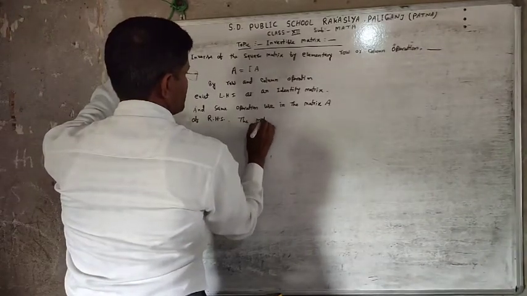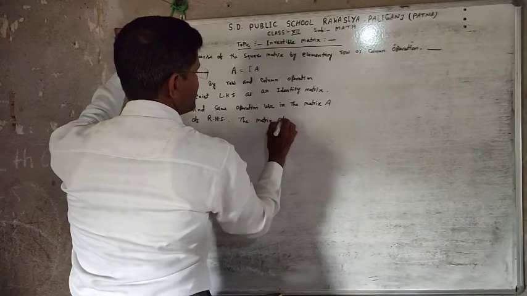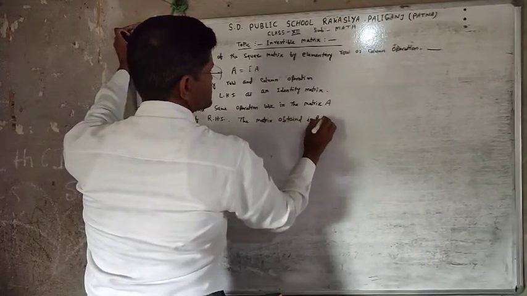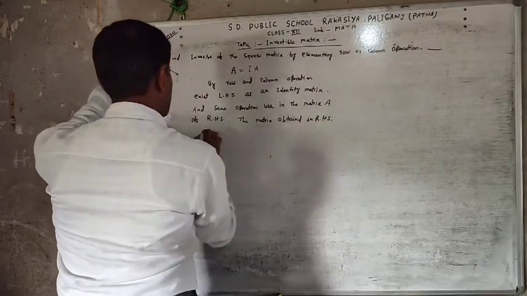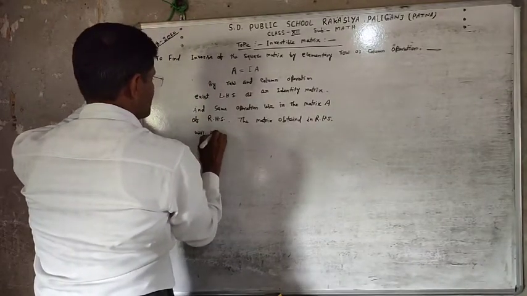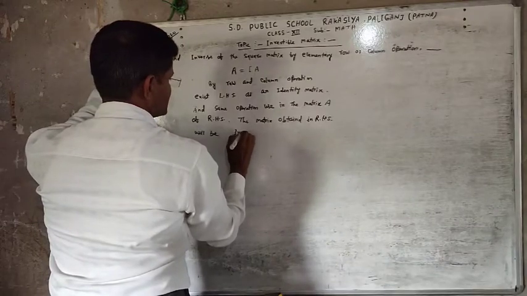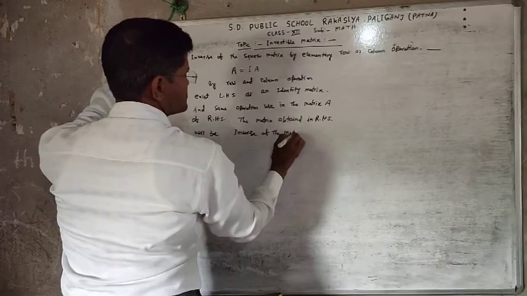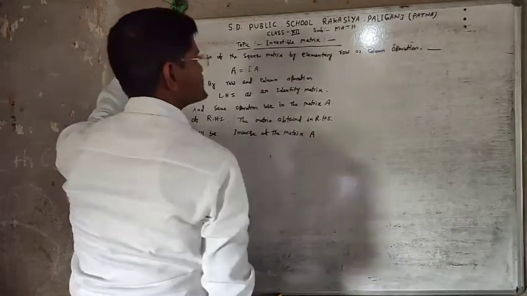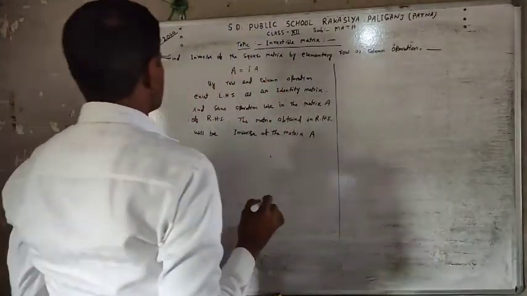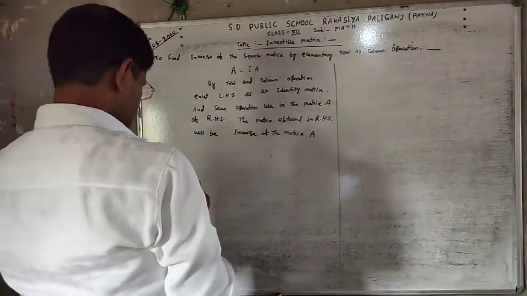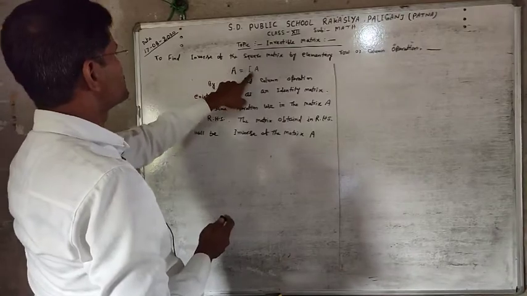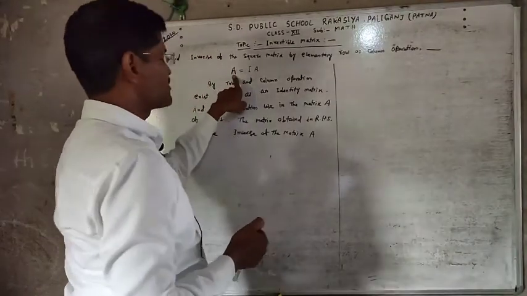The matrix obtained in the RHS will be the inverse of the matrix A.